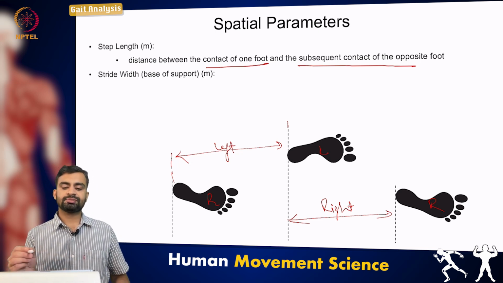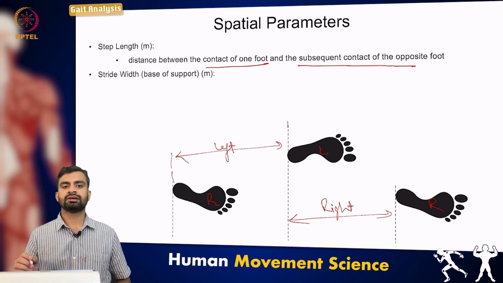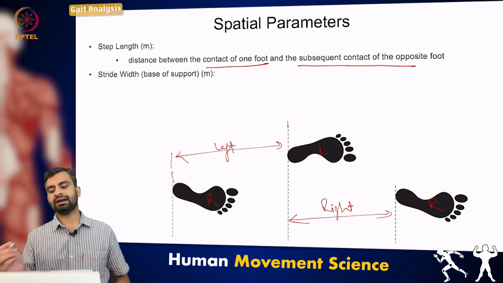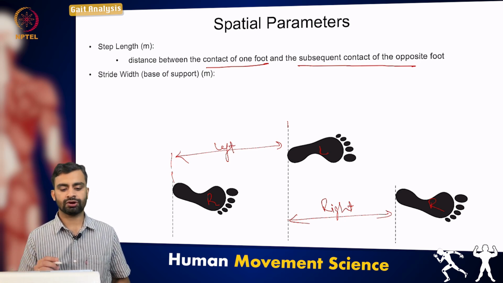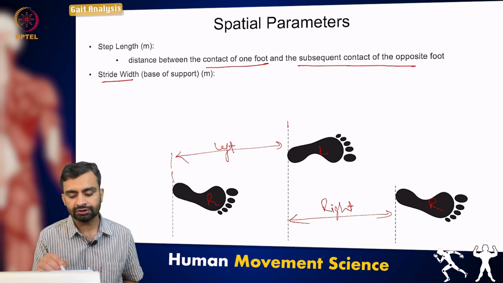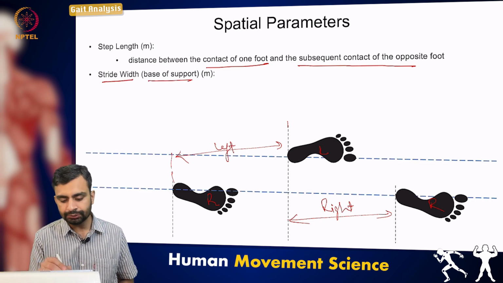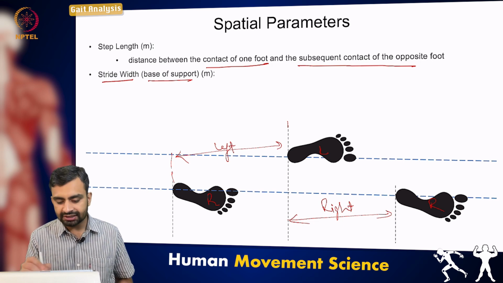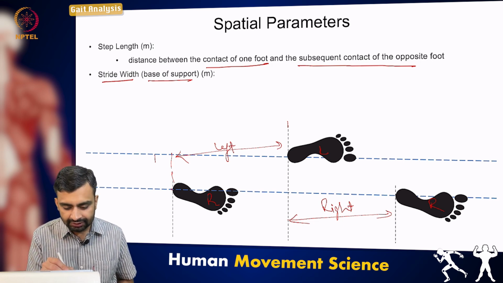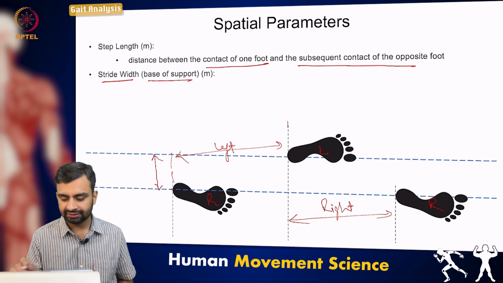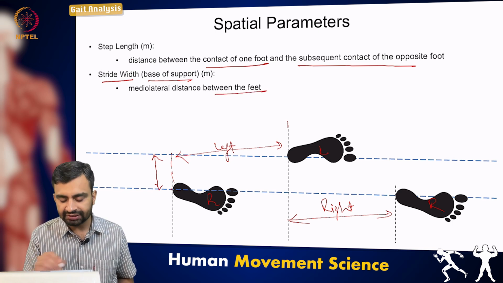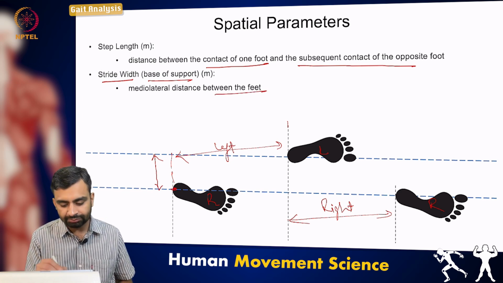Another important spatial parameter which is important to analyze human movement, particularly walking, is stride width or base of support. So it is nothing but the medial lateral distance between the feet calculated from the same point.